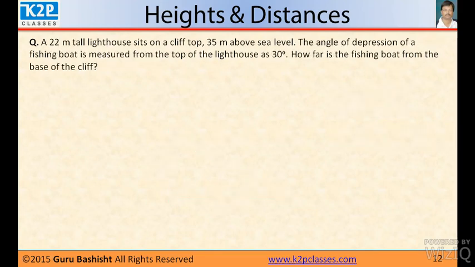A 22 meter tall lighthouse sits on a cliff top 35 meters above sea level. The angle of depression of a fishing boat is measured from the top of the lighthouse as 30 degrees. How far is the fishing boat from the base of the cliff?